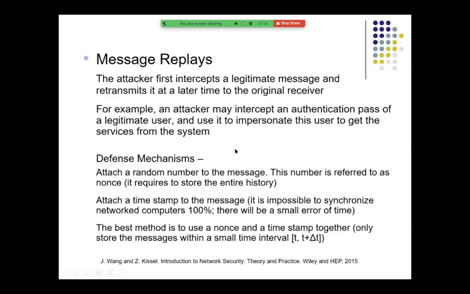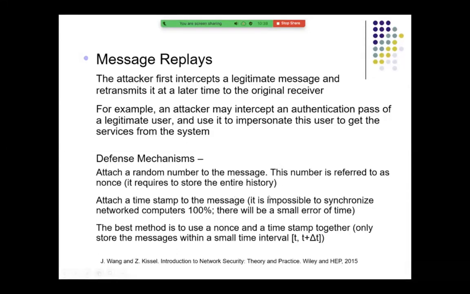Later, when the same message comes in, Bob will check the nonce in that message. If that nonce already appears in his storage, in his record, then Bob will know that message is a replay.